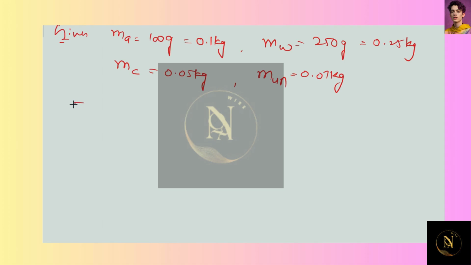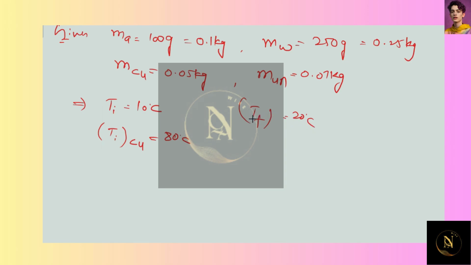Now we are given the initial temperature of 10 degrees Celsius for the calorimeter. The initial temperature of the copper block, Cu, is 80 degrees Celsius, and the final temperature is 20 degrees Celsius.